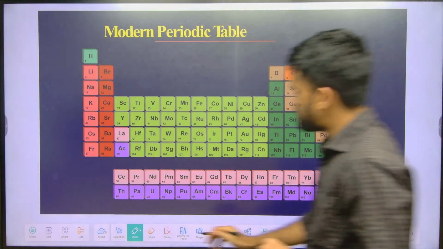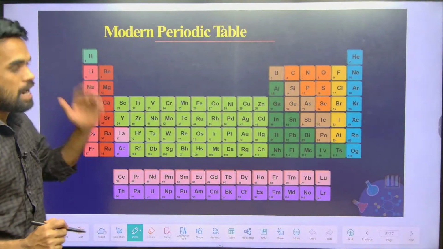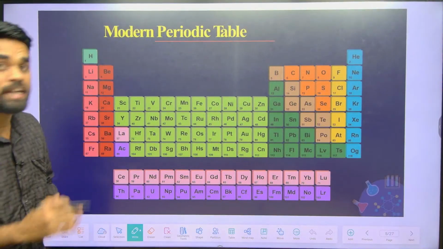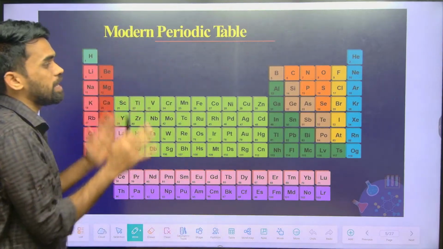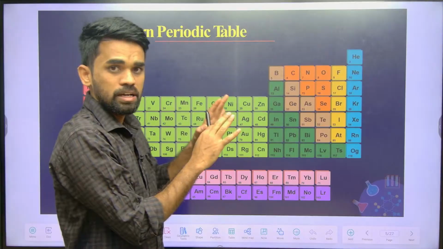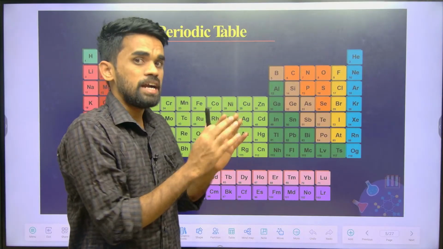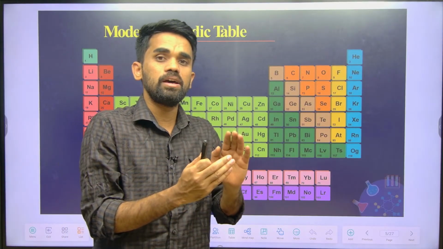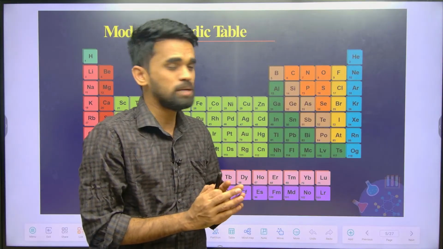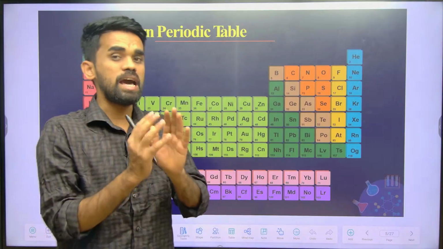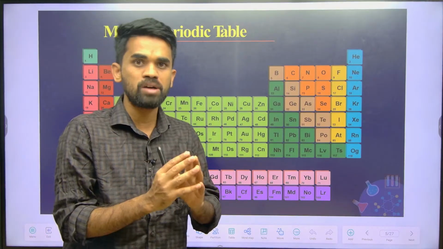If you observe this periodic table, presently we have 118 elements. How many elements are there? 118 elements. Now these 118 elements are arranged in such a way that studying their properties is simpler and easy to remember. It means the periodic table is now classified into 4 blocks. How many blocks? 4 blocks.